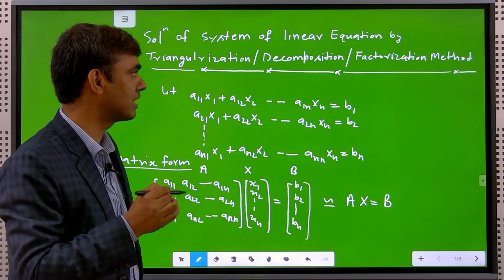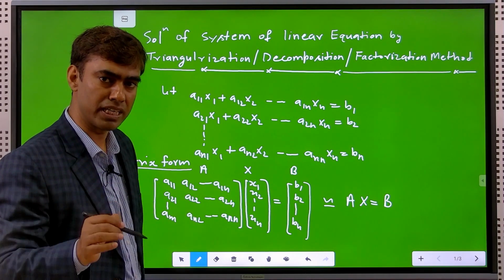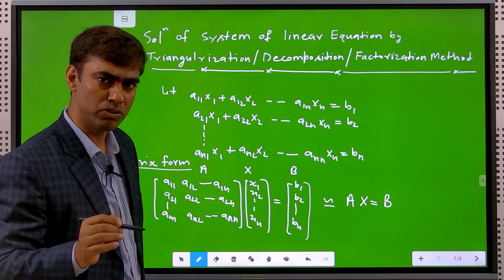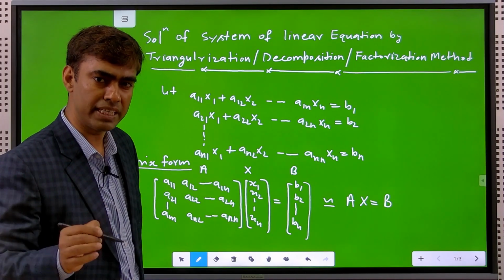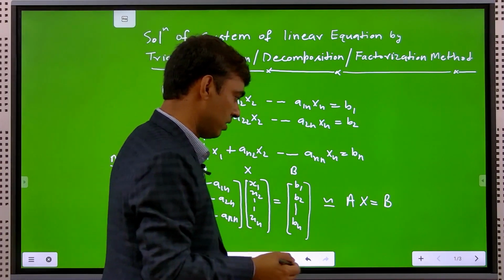Now, in the decomposition, triangularization or factorization method, we factorize the matrix A into a lower triangular matrix and an upper triangular matrix.